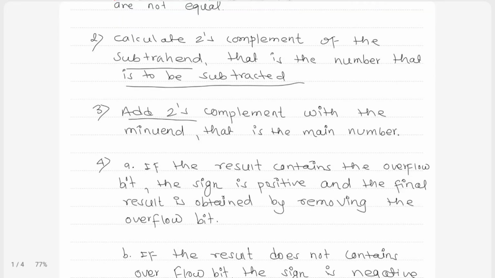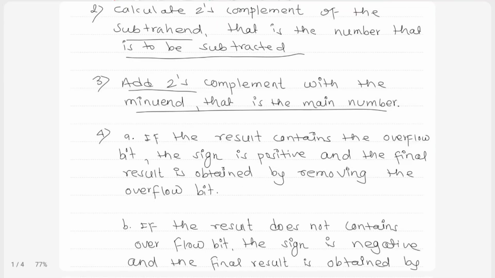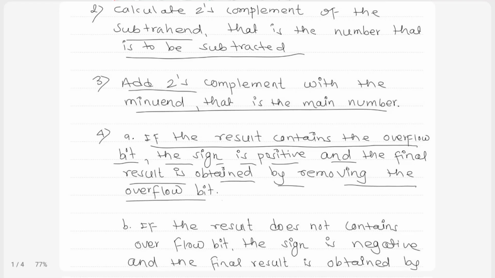Add the two's complement with the minuend, that is the main number. If the result contains the overflow bit, the sign is positive and the final result is obtained by removing the overflow bit.